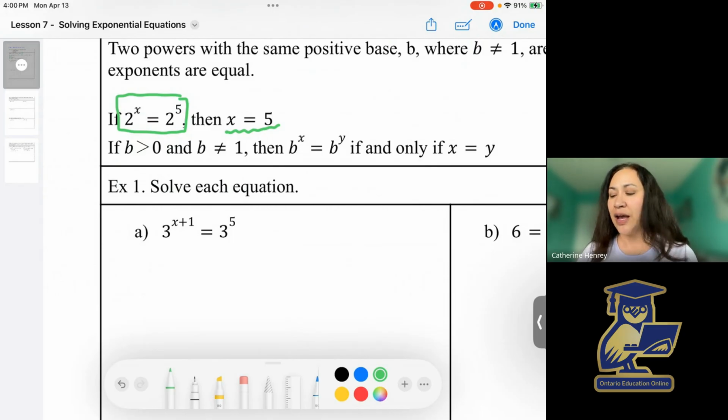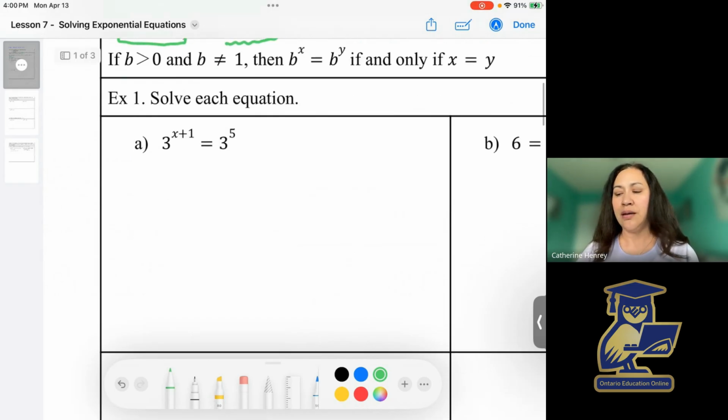So let's take a look at an example. In this example, we have a base of 3, to the power of x plus 1, equal to 3 to the power of 5. Because we have the same base, this equation is only true if the exponents are equal to each other.